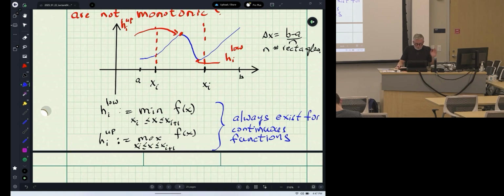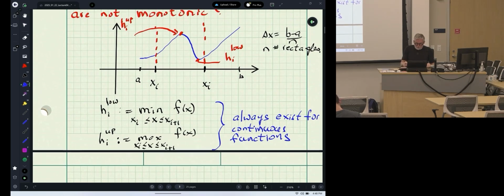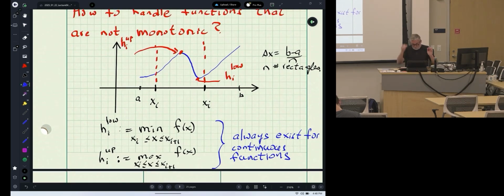But for most of the problems that we need as engineers, it's really not an issue. The max and mins do exist. So right now, let's just use our intuitive knowledge: it's the largest value the function takes on, and it's the smallest value the function takes on.